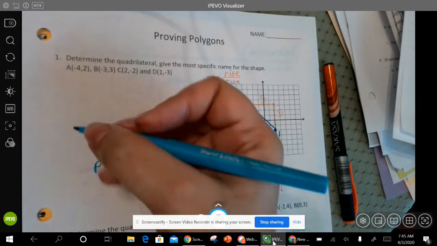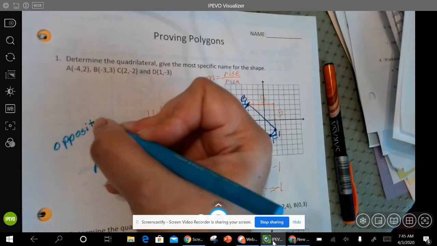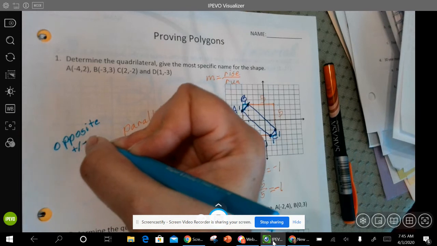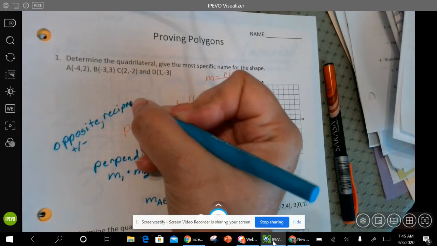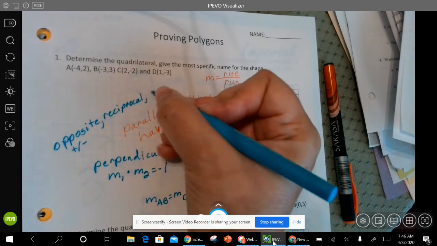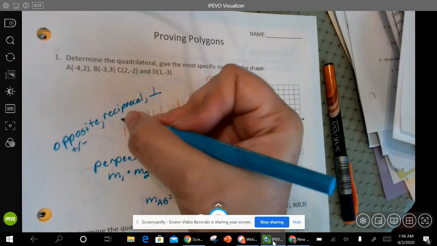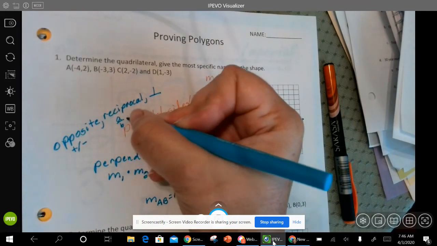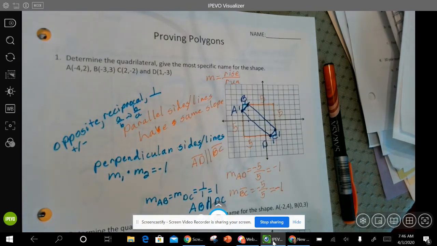Okay, remember we also said before that they were opposite. Okay, so opposite sign, either positive or negative. Reciprocal. Perpendicular. So reciprocal means we have to flip the fraction. Okay, so opposite, reciprocal, perpendicular.